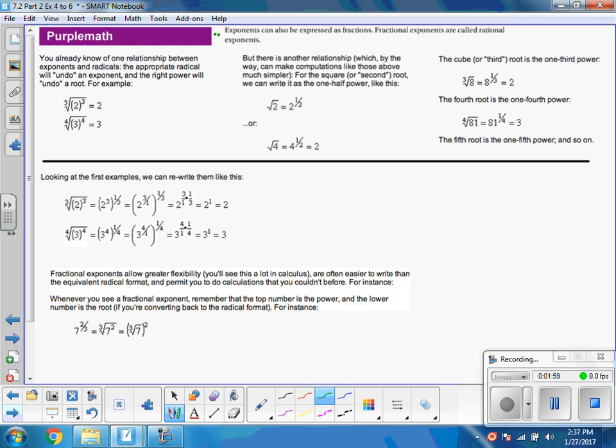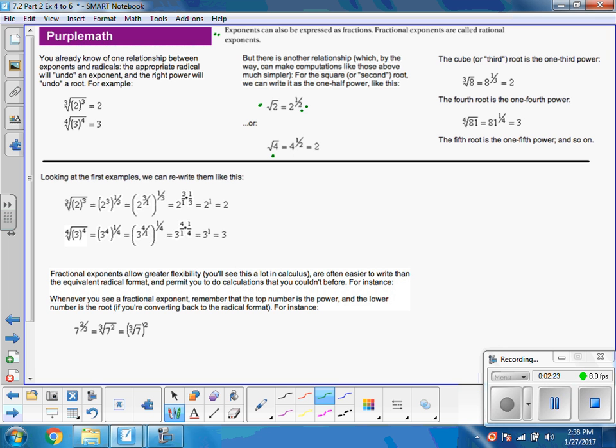Okay, so now that we have that, or we're kind of slowly wrapping our head around that, let's move over to what's going on here. There can be another relationship which is going to make computation much simpler. I think it's a little bit complex, but let's connect everything. So the square root of 2 is equal to 2 to the half power.